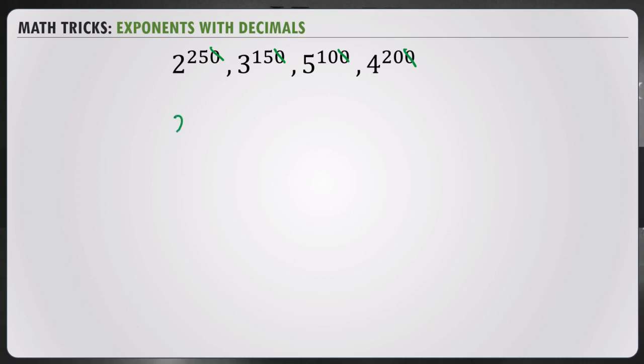We're left with 2 to the power of 25, 3 to the power of 15, 5 to the power of 10, and 4 to the power of 20. Again, we find a common factor here, which is 5. We divide everything by 5. We get 5, 3, 2 and 4.